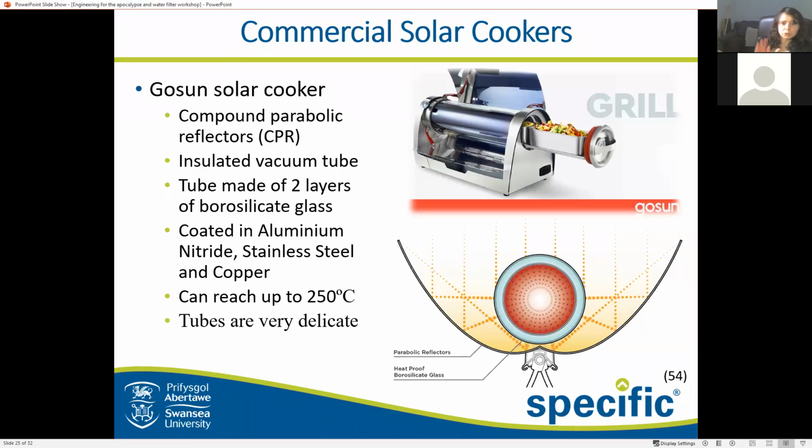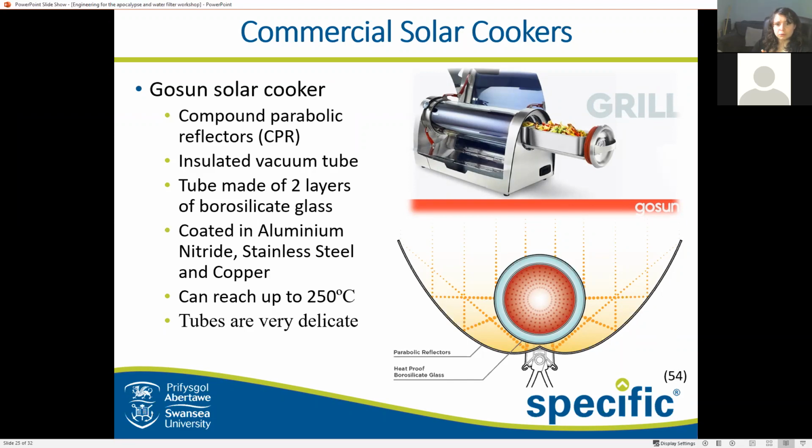The tube consists of 2 layers of borosilicate glass with air between them, as with double glazed windows, to enable heat to pass through, but stay nice and warm inside. The internal face of the tube is coated in aluminium nitrate to absorb heat, stainless steel to evenly distribute heat, and copper to reflect the heat as infrared radiation back into the tube.